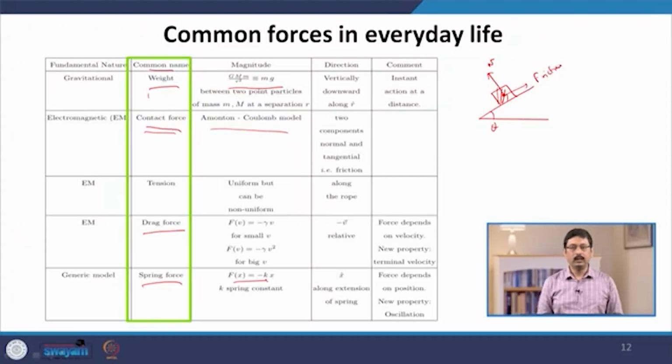In physics also it is a very important force, because it is one of the simplest forces. In a complicated situation we can often make progress if we assume that the interaction forces are like a spring force, given by the simple formula F equals minus kx, where x is the extension of the spring.